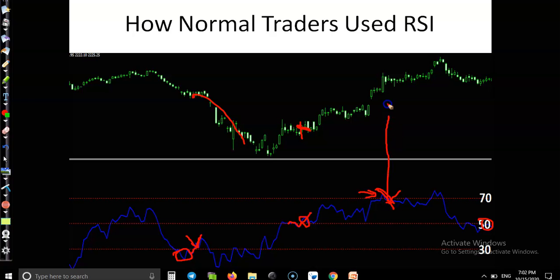If you do it like that, you can see price continues toward the upside. So when we apply this type of RSI trading strategy, there are many false signals. In this video I'll show you exactly how we get a better entry point using the RSI indicator.